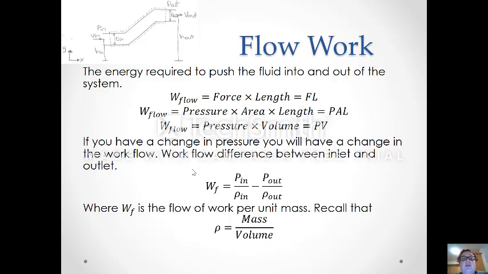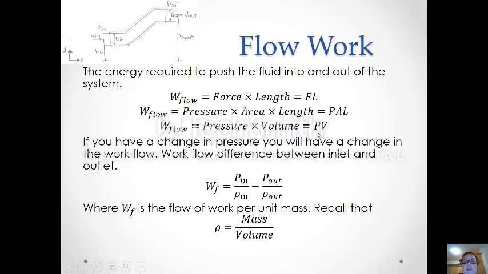Next, we have flow work. Flow work is the amount of work due to the pressure in the area. We calculate work as force times length, but we know how to calculate force, right? Pressure is equal to force over area, so we can rewrite force as pressure times area. And since we have a length here, we just multiply the area times the length to get volume.